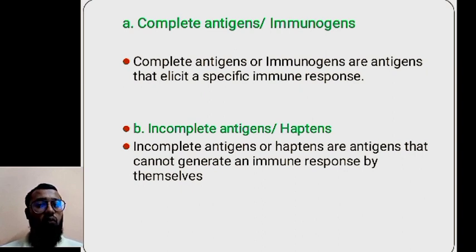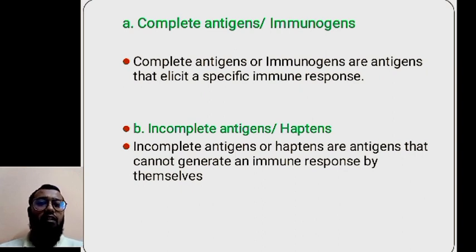In some vaccine productions, if the immunogens or antigens are haptens or small in molecular size, they are attached to a high molecular size molecule, a carrier, and these haptens become an antigen.